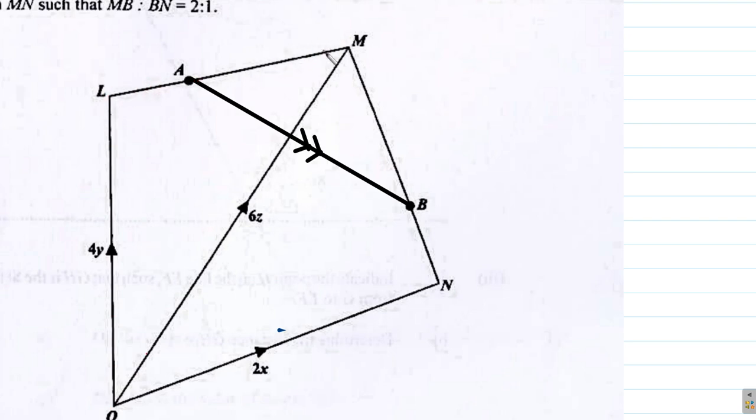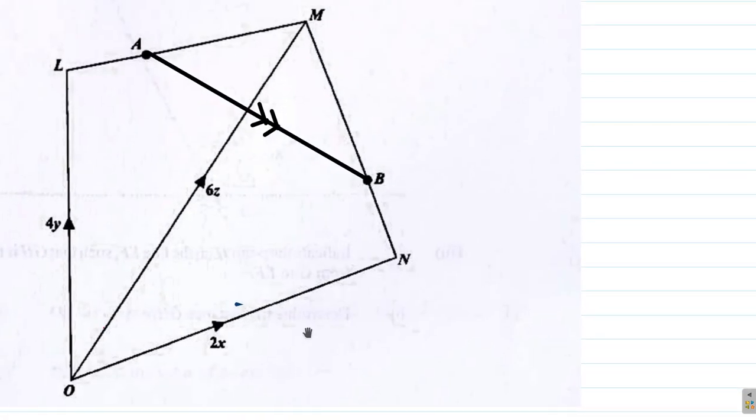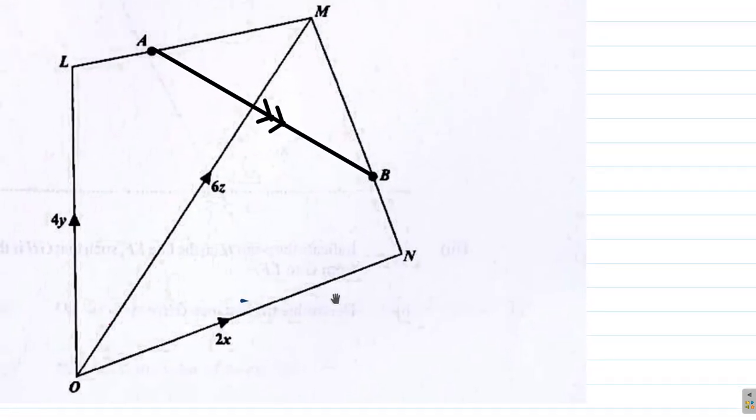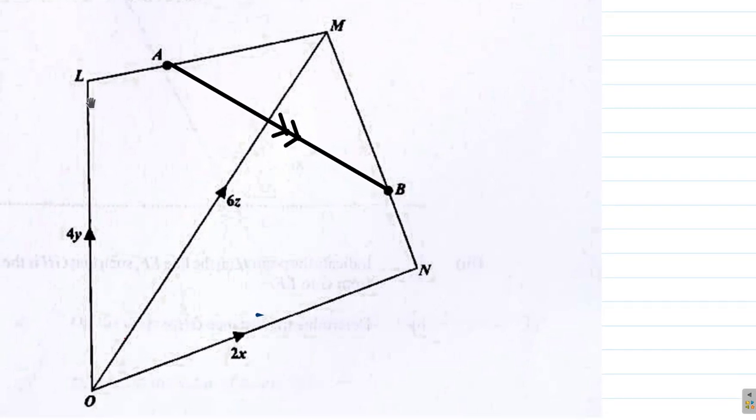Now, LM, and you have AB, AM, LM. This was LN. All right. If you go from L to M, you could say that LM is equal to LO plus OM.